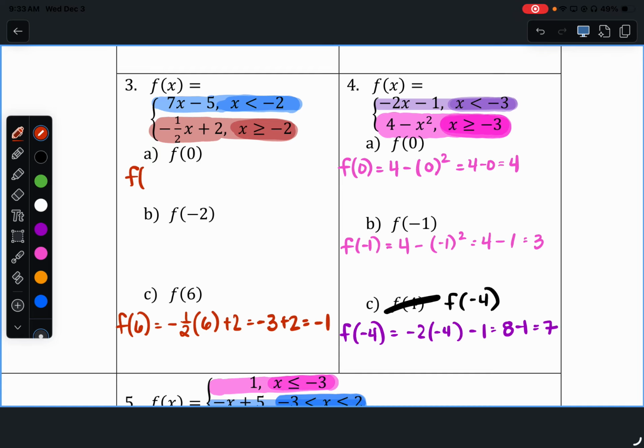Because when is this line only there? When x is less than 0. Okay? So we are taking only the piece that's less than 0. Remember, when it is less than, you use open circles. When it is less than or equal to, you use closed circles.